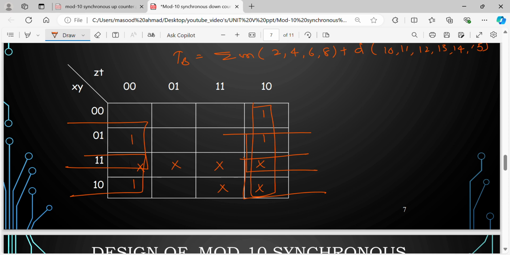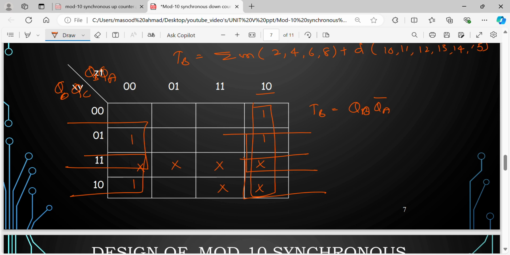So with this I am going to get the expression. The expression for TB is in terms of QA, QB, QC and QD. The expression will be QA, QB, QA bar. Okay, this is one expression.